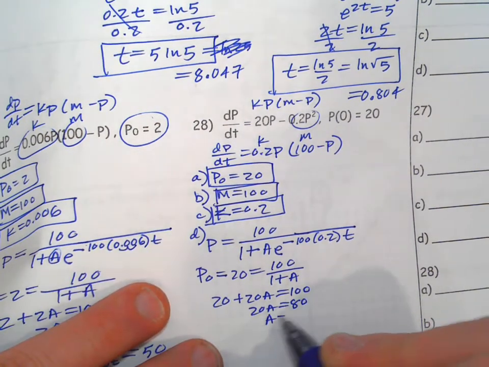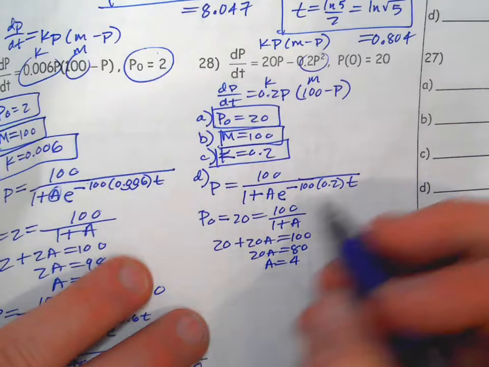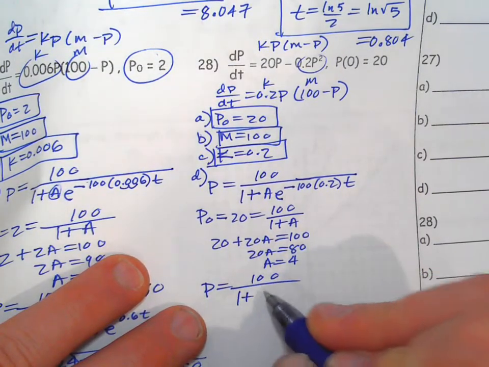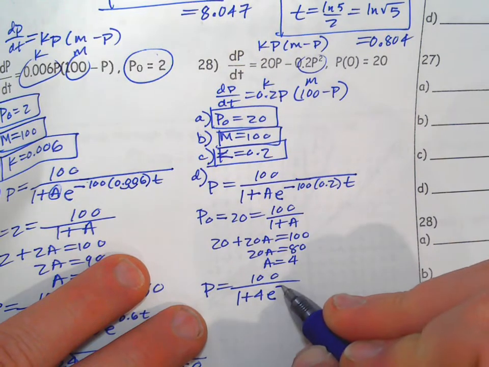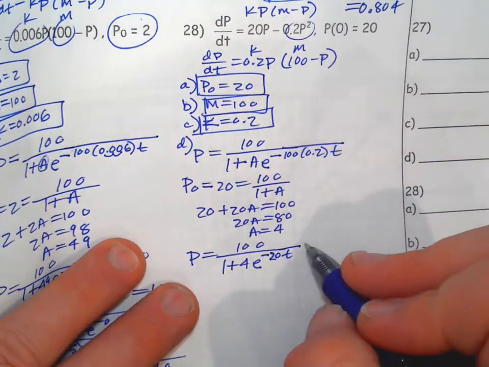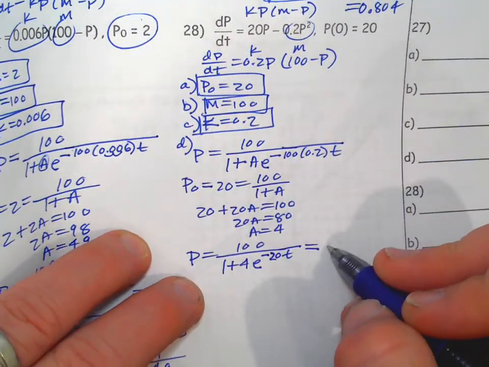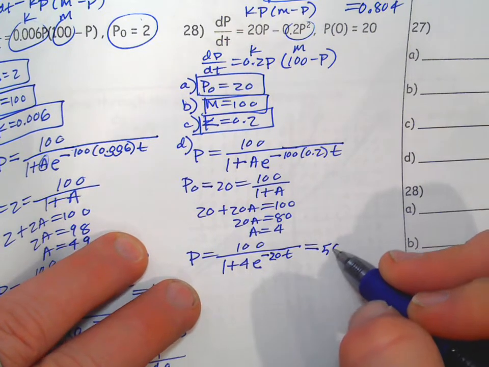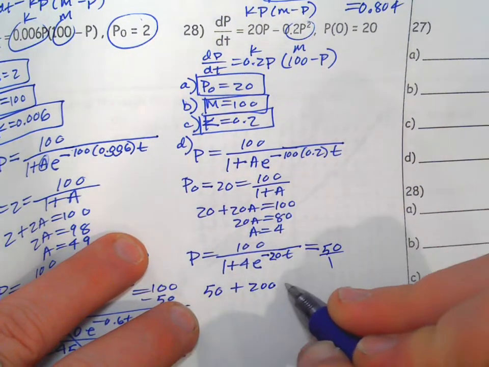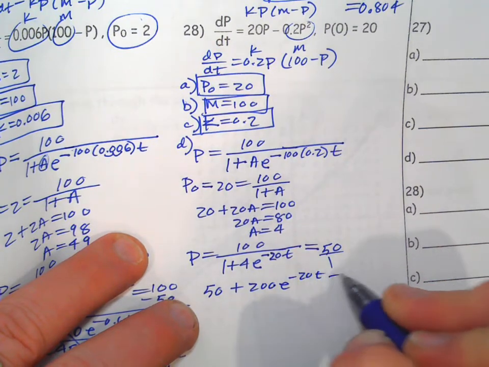A equals 4. So then we can rewrite our equation. P equals 100 over 1 plus 4e to the negative 20t. Okay? I'm going to set it equal to half the carrying capacity, which is 50. We're going to get 50 plus 200 e to the negative 20t equals 100.